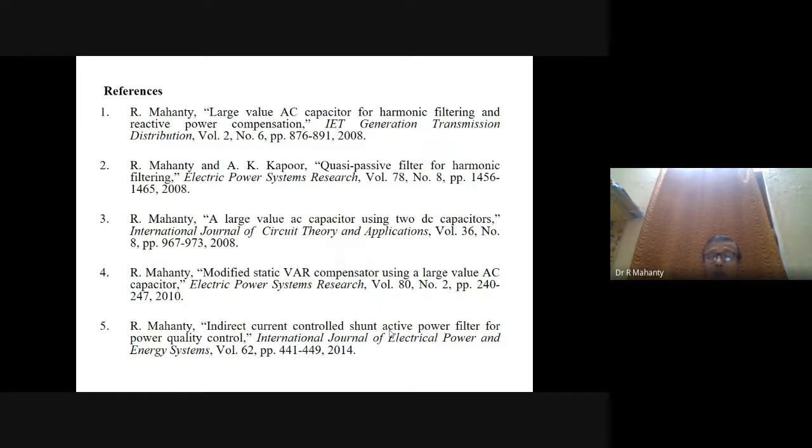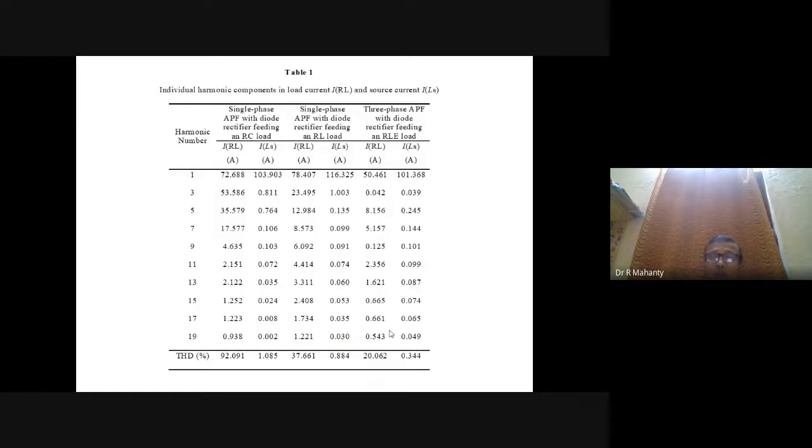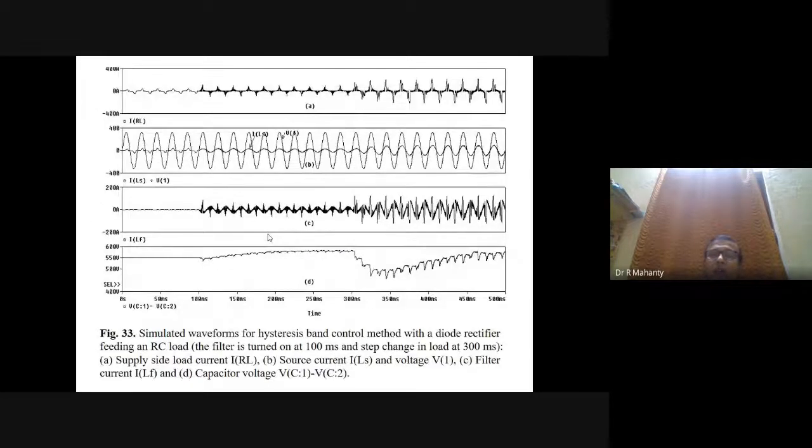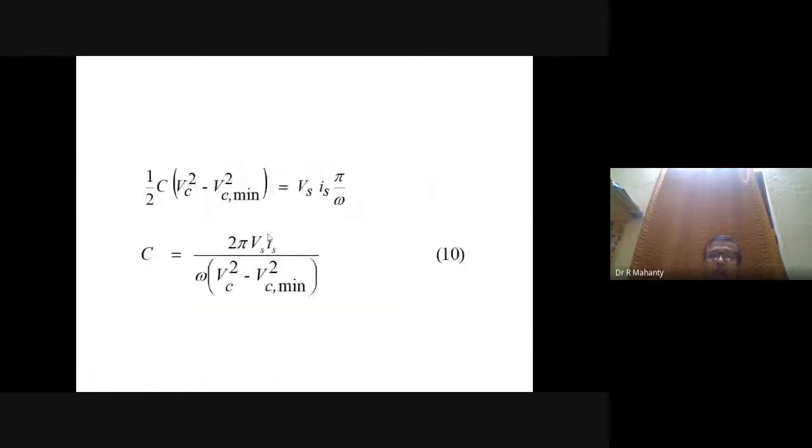I'm showing you the results only because we have less time. So here you can do it by using an active power filter, but in an active power filter you require a lot of complex circuitry, whereas here we practically don't require any control circuitry.